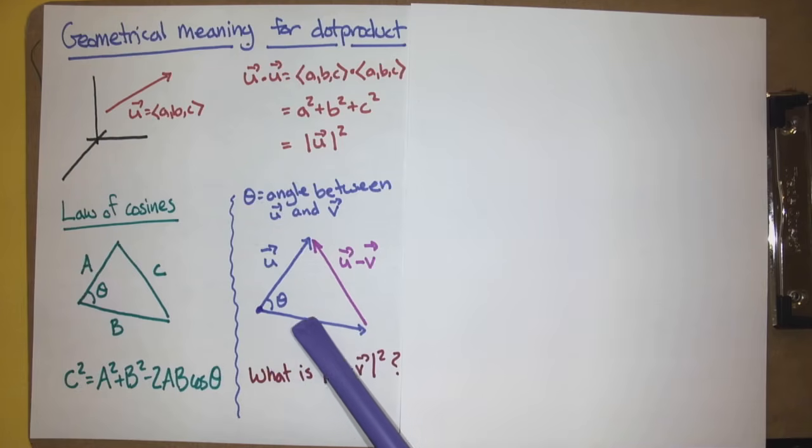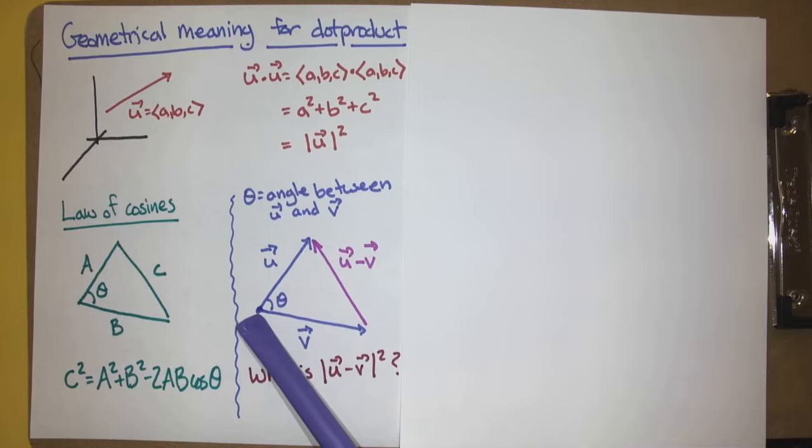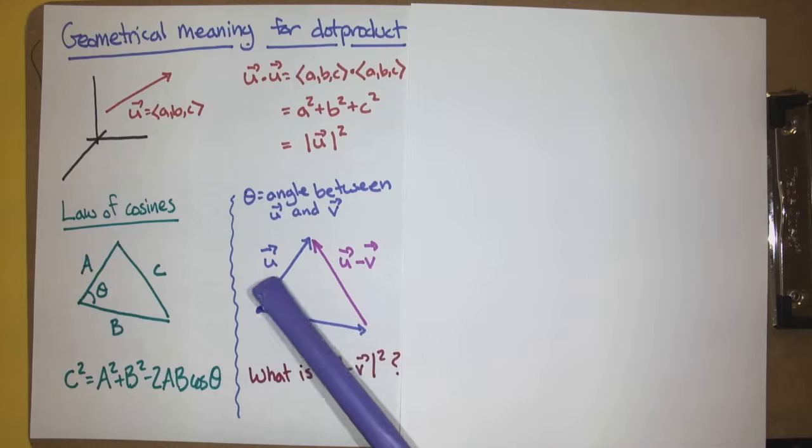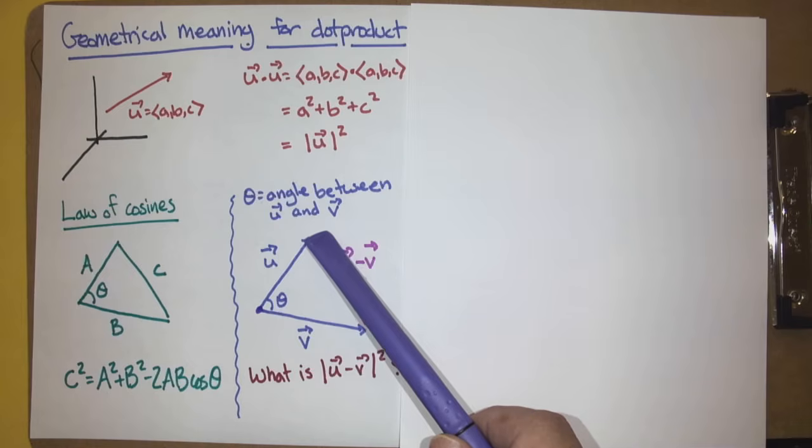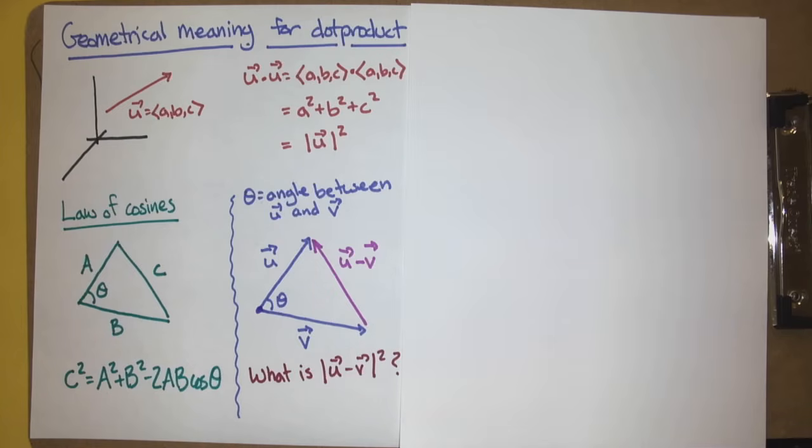Because if you think about net change, vectors are about change. My net change is going from the initial start to the final end. So v plus this unknown vector is u, so this must be u minus v.